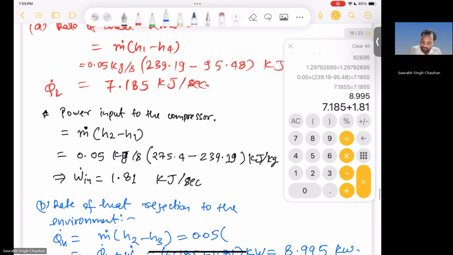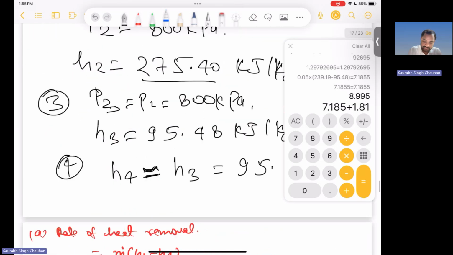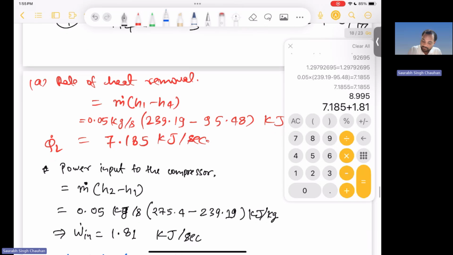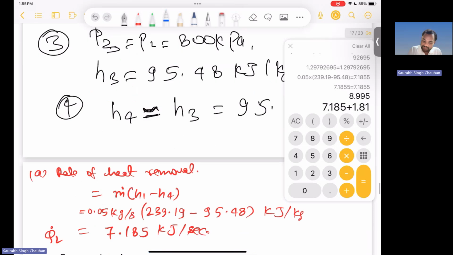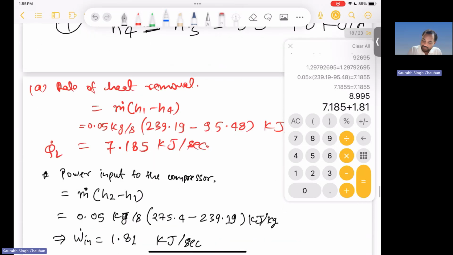And similarly, if you try to calculate it from here, 0.05 times h2, how much is h2? 275.4, minus h3, how much is h3? 95.48.